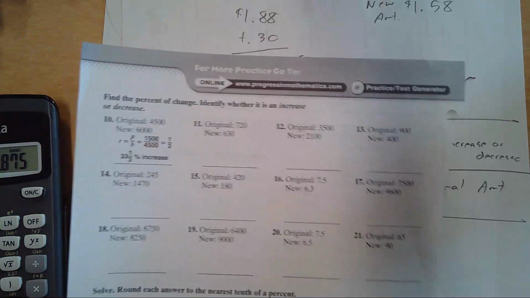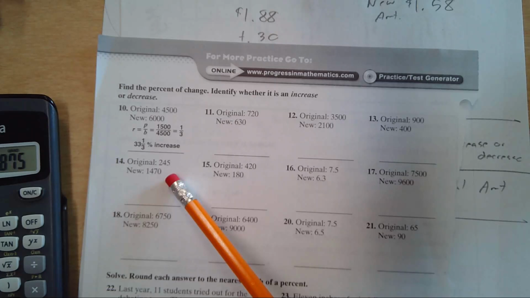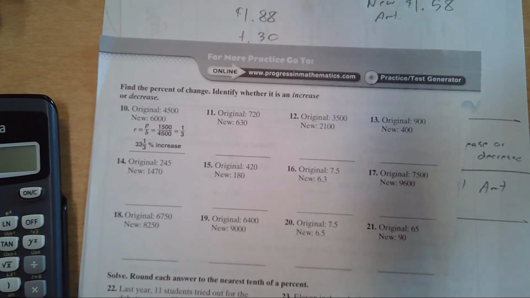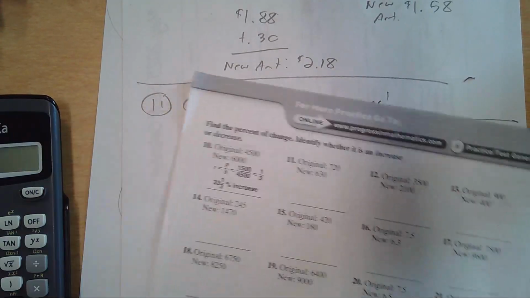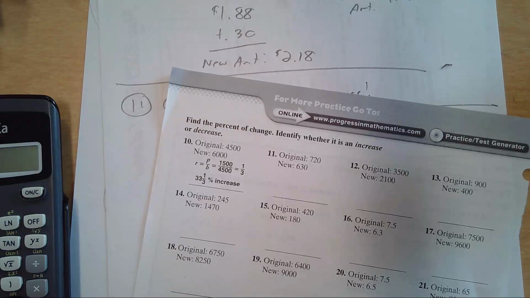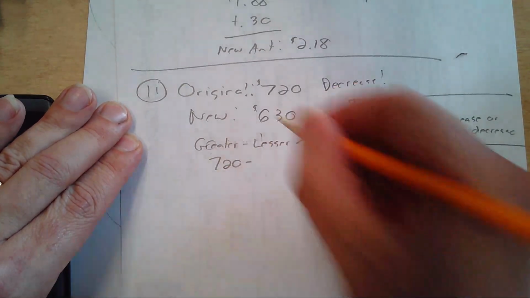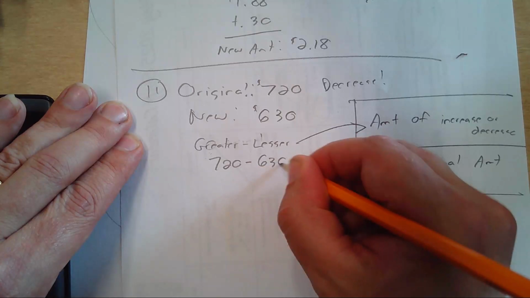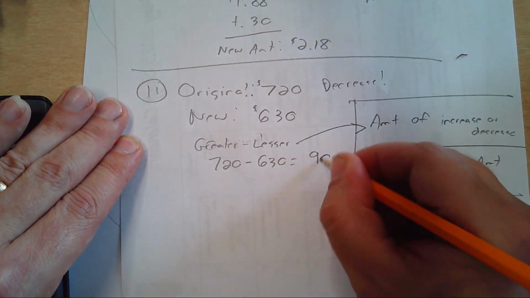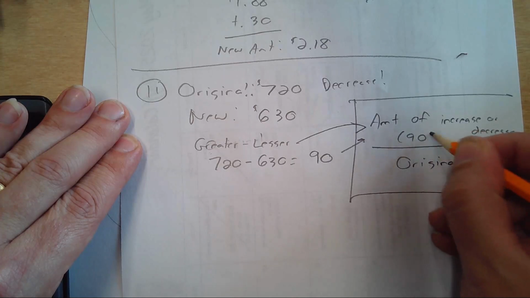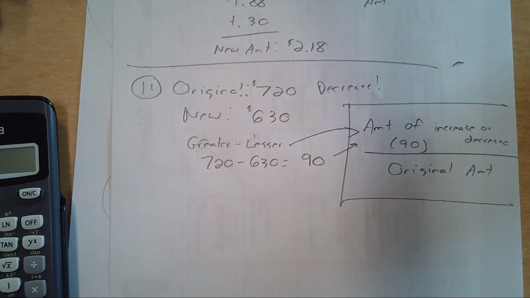If I go 245 minus 1470, we're going to get negative something, and that's not what we want at all. So I'm just calling it greater, subtract, lesser. You're trying to find the difference between these two numbers, and you want a positive number. In this case, the original was greater. I subtract 720 minus my new amount, which was 630, and that gives me 90. That is the amount of decrease, 90.